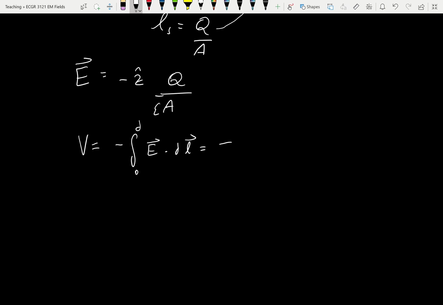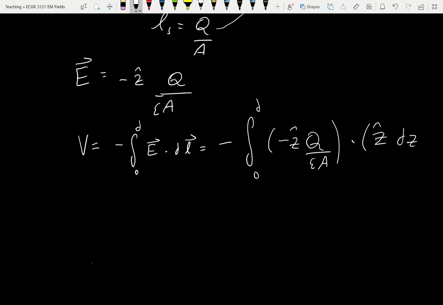And that equals minus the integral from 0 to D. Let me plug in E, minus z hat Q over epsilon A. What's the dl vector? Well, I'm moving in the z direction, so z hat dz.